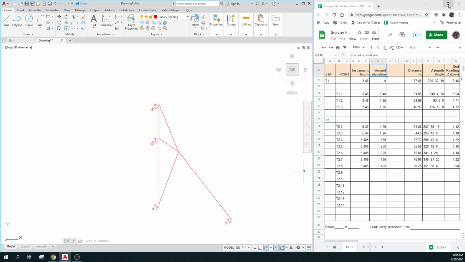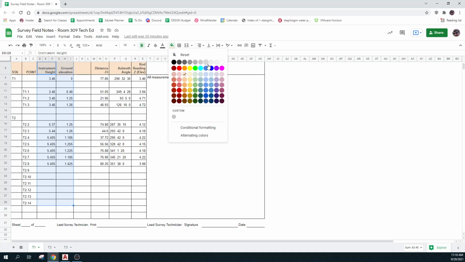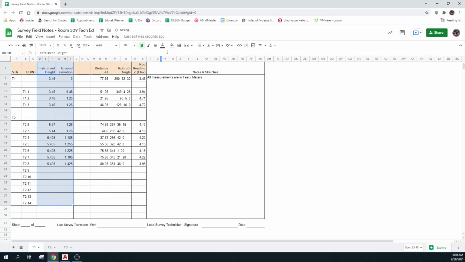So now let's take a look and see what I just plotted. I just plotted this data which I took off of her work, and notice I've now put in the elevations, the rod readings. So this is the data that I was given. Now sometimes people make these ones gray because they're actually calculations.